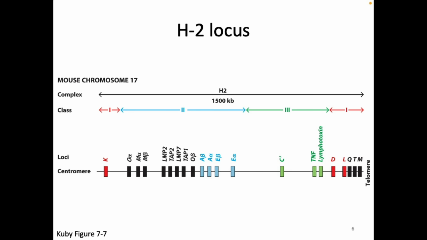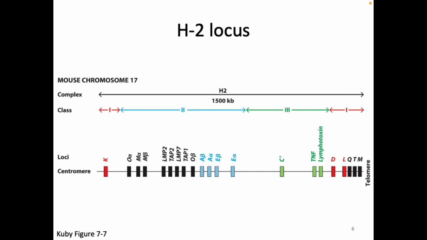The trick with H2 is that they didn't use numbers to distinguish the different alleles. So, like I said, I might have HLA-A1, and Brooke might have HLA-A17.